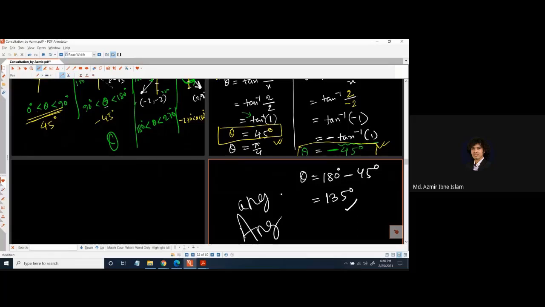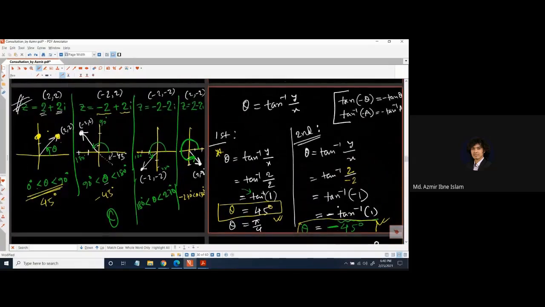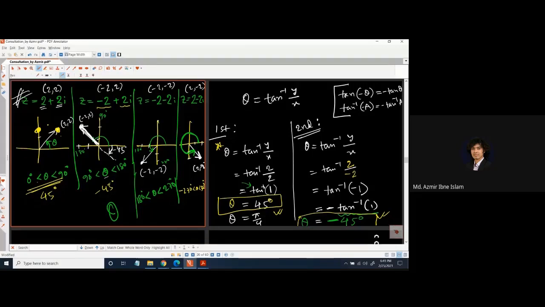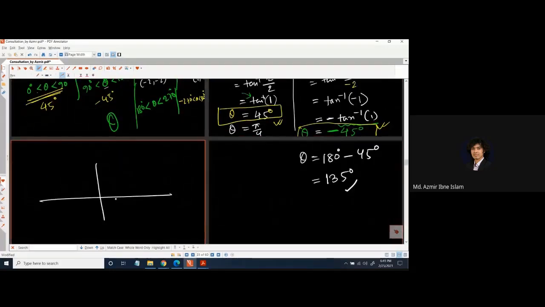Since we have found negative 45 degree, if we extend the line that we have previously in backward portion, we get negative 45 degree. You know that the total angle is 180 degree, and if we subtract 45 degree, the remaining angle is 135 degree.